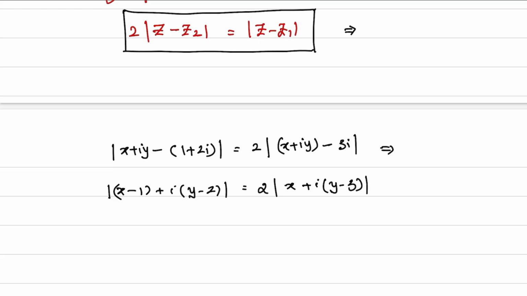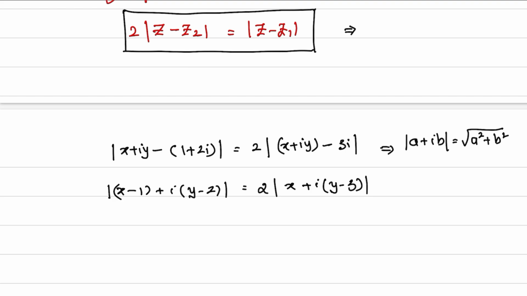Now we got something in a plus ib form. What is the modulus of a plus ib? Square root of a square plus b square. That is the modulus of a plus ib.